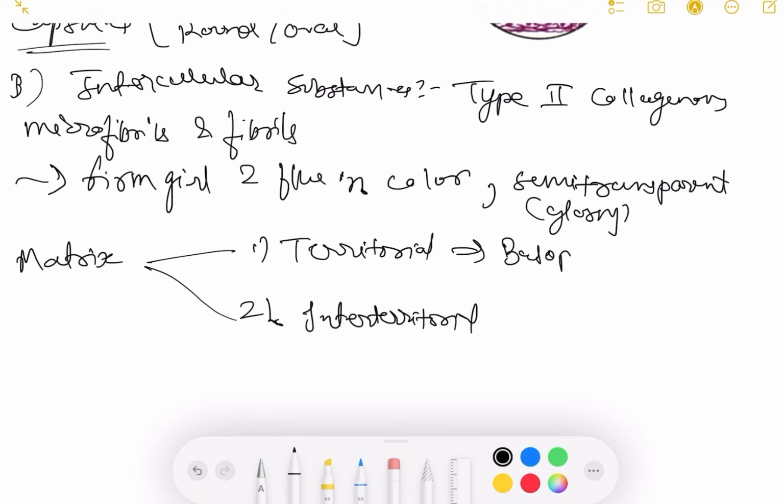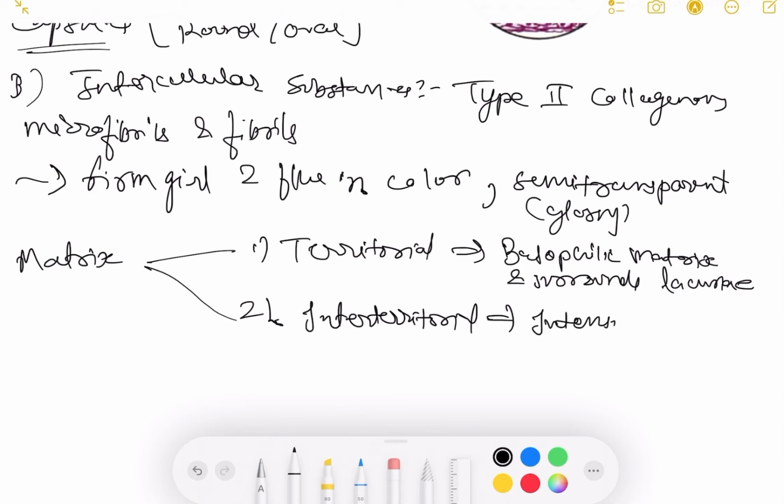Which has basophilic matrix, and it surrounds lacunae. And if we talk about interterritorial, it has higher intensity of staining. These were the two types of matrices.